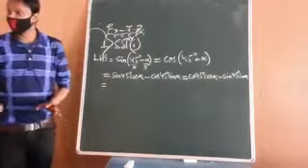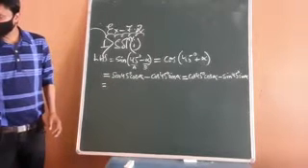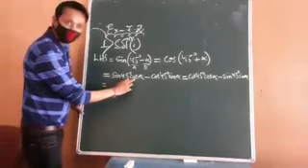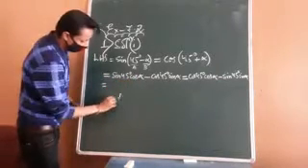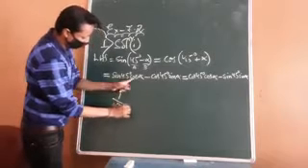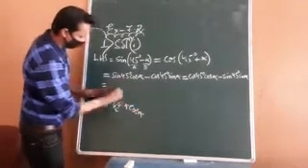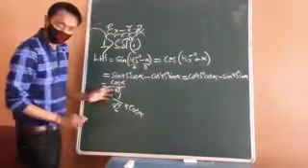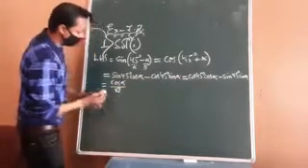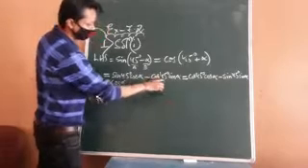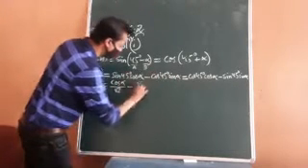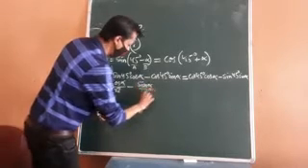Now what is the sin 45 degree value? 1 by root 2. So 1 by root 2 into cos alpha, I can write this as cos alpha by root 2. Similarly, minus cos 45 degree, same value, 1 by root 2, into sin alpha is sin alpha by root 2.